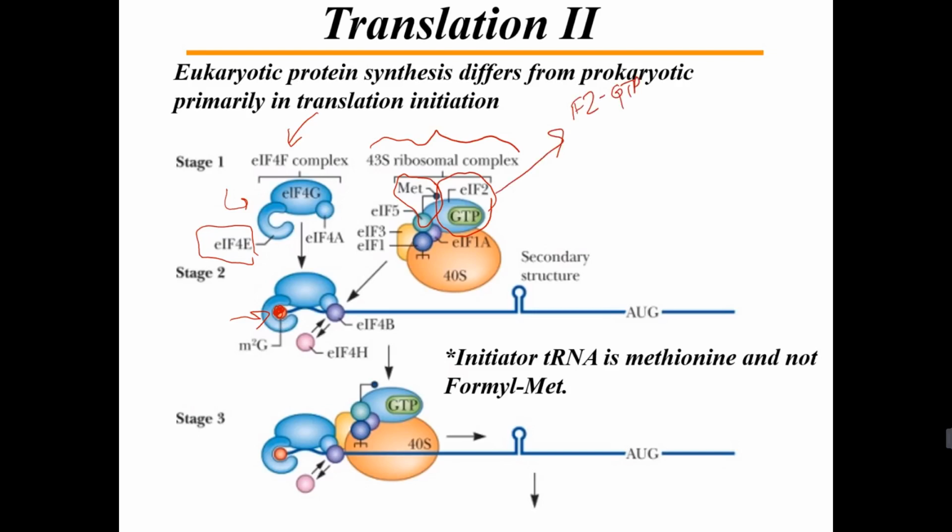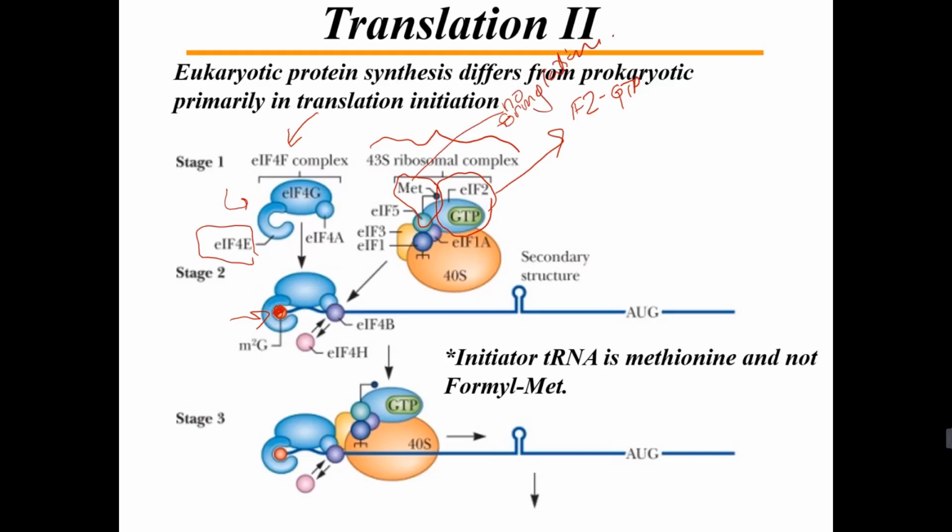A key difference is that in eukaryotes, the initiating amino acid is Met rather than N-formyl Met, so there's no formylation of the methionine in eukaryotes.